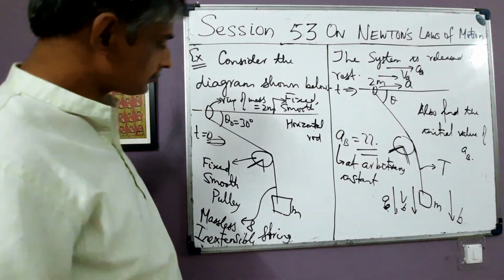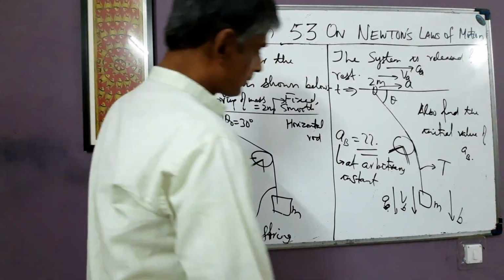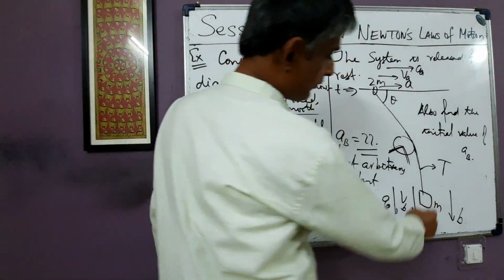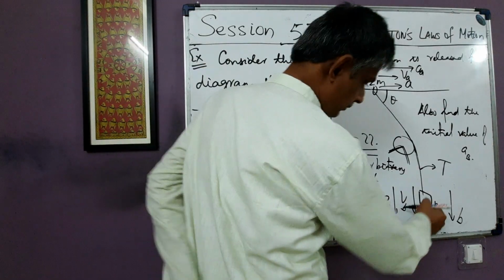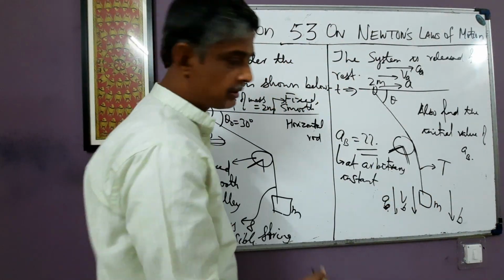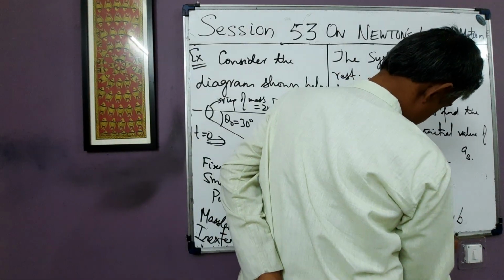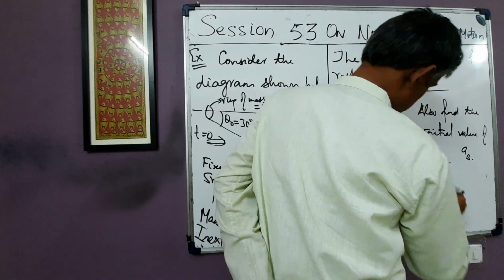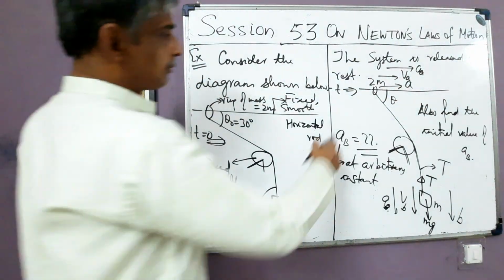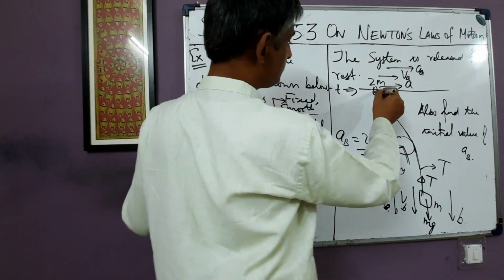Now I'll draw the free body of this block of mass m with respect to the ground frame. And I'll draw the free body of 2m.